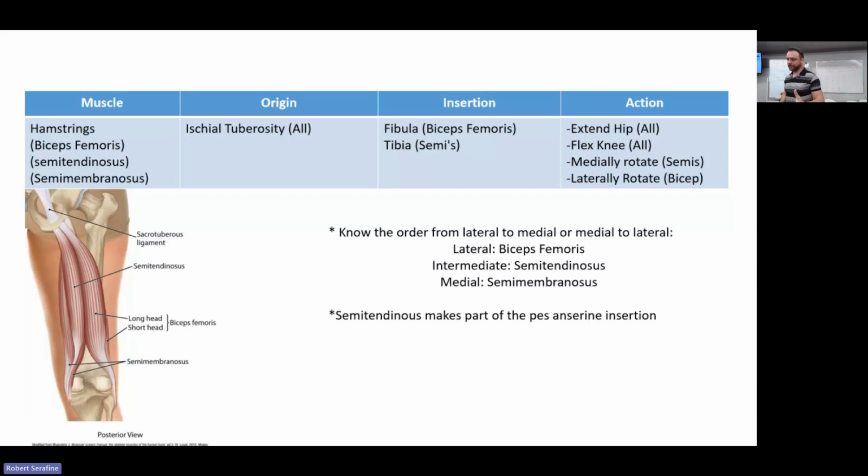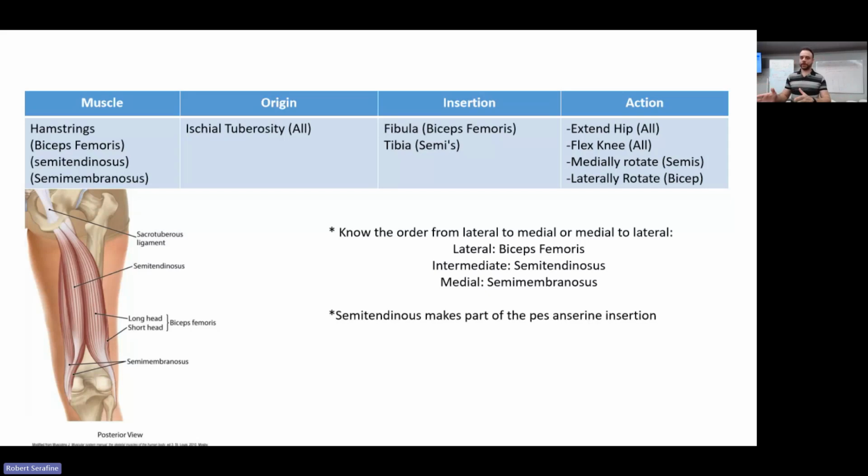How I like to remember this is that there are two muscles, semitendinosus and semimembranosus. What is the order from medial to lateral of these muscles? Well, biceps femoris going to the lateral side is the most lateral. The hard thing is to remember between semimembranosus and semitendinosus which one is more medial than the other.